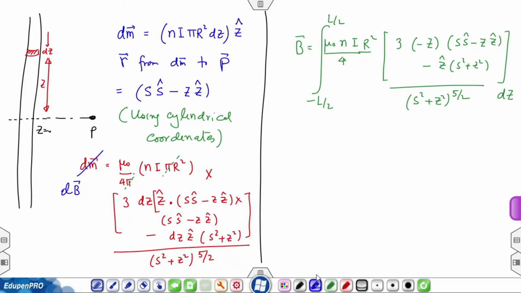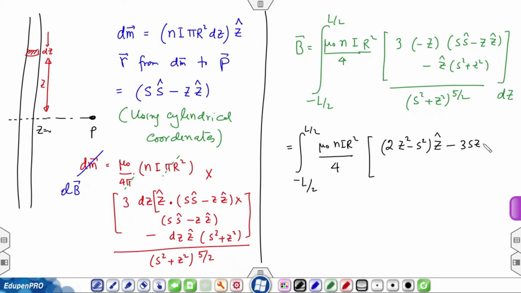Simplify this. This comes out to be the integral from minus L by 2 to L by 2 of the constant term mu naught n I r square by 4, and inside I get (2 z square minus s square) in the z direction minus 3 s z in the s direction, divided by (s square plus z square) raised to 5 by 2, integrated over dz. That is my answer for B.